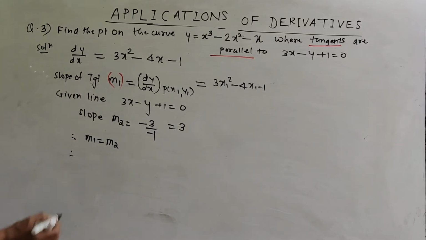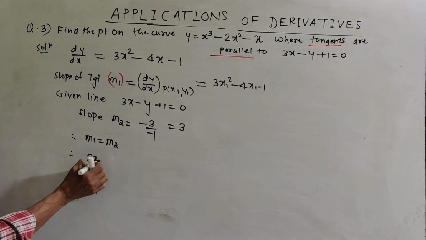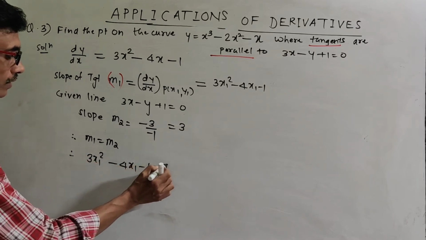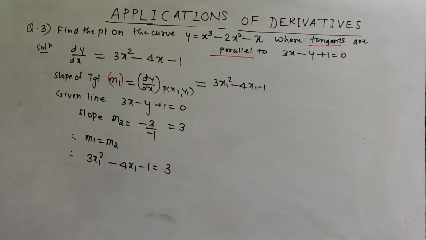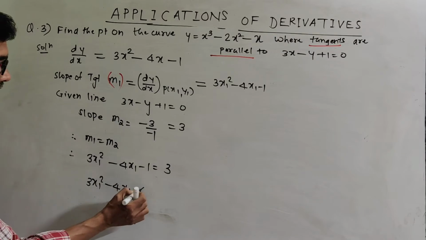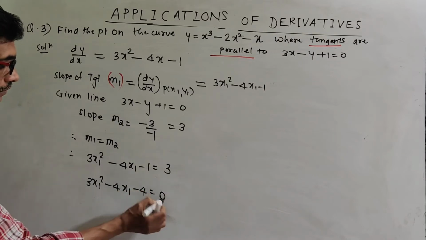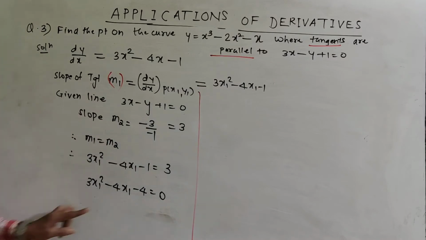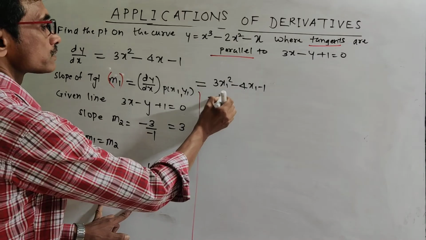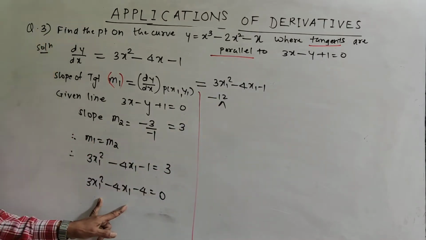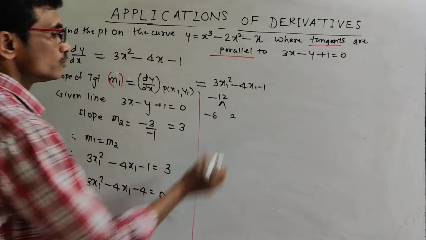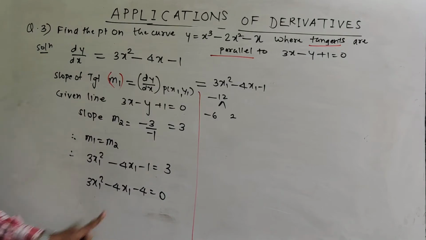Therefore 3x1 square minus 4x1 minus 1 is equal to 3, which is 3x1 square minus 4x1 minus 4 is equal to 0. Here this 12 we factorize, minus 12, that is minus 6 plus 2, which is minus 4.